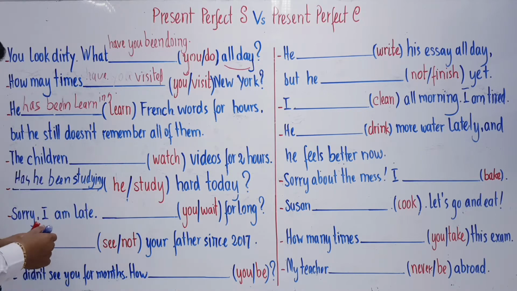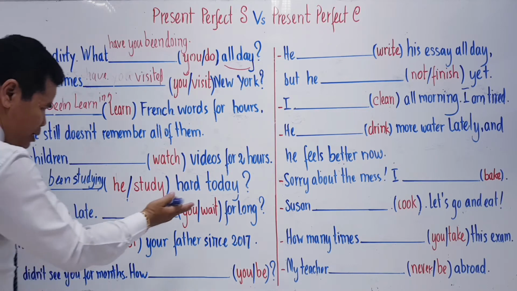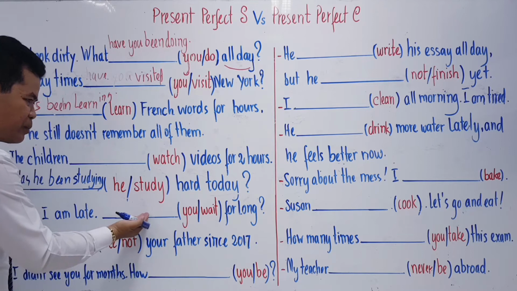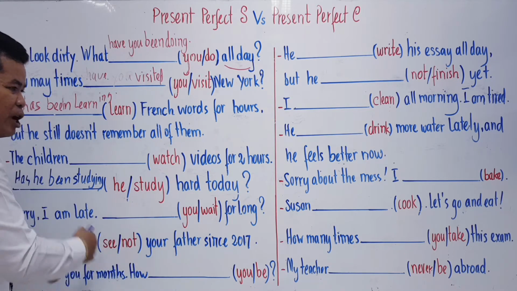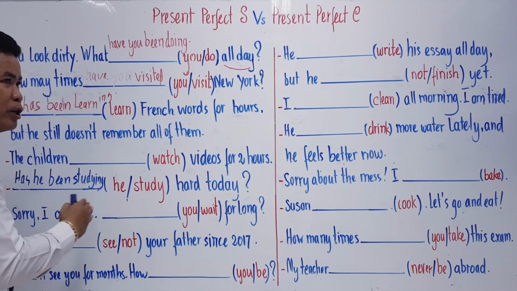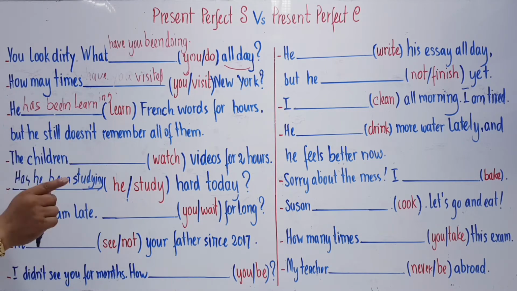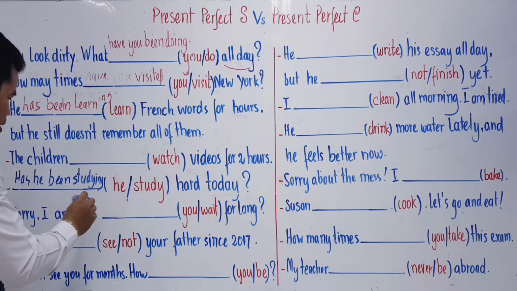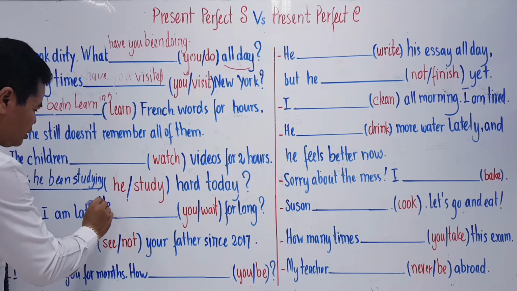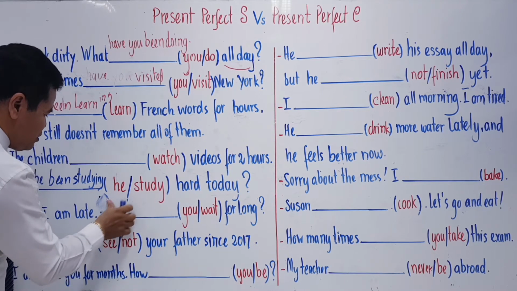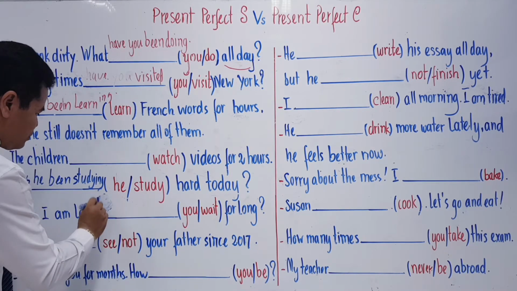Okay? So present perfect progressive question is used in this exercise. So what are you going to make now? Sorry, I'm late. What is the sentence? Positive, negative, or question? Question. So when we talk about the question, what are you going to use first? First modal verb, first auxiliary verb or first helping verb. Sorry, not he, I'm sorry, you. So you is the subject. So what do you say?